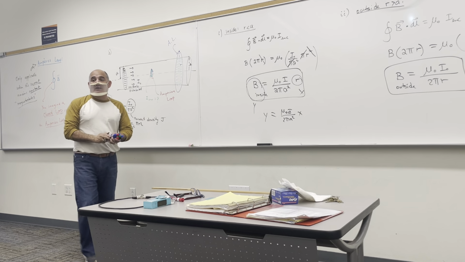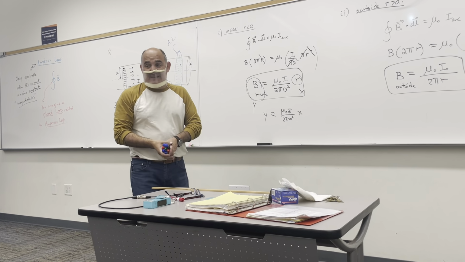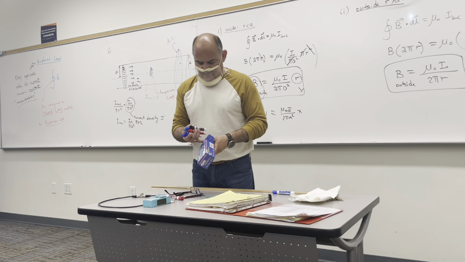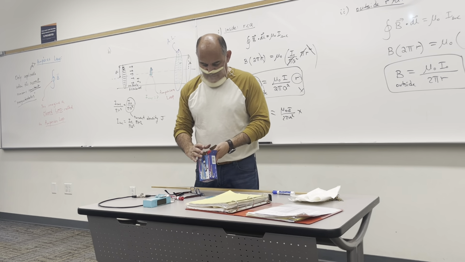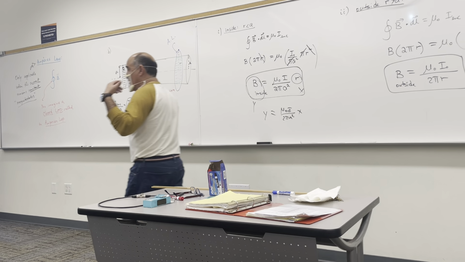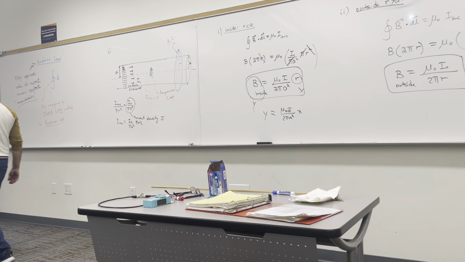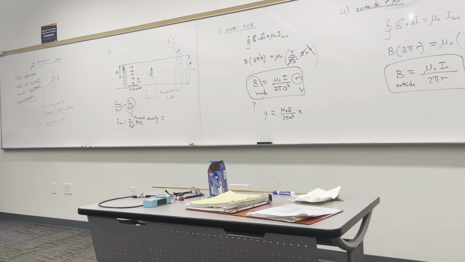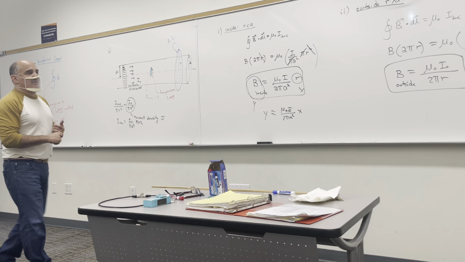So I will do other geometries next time. We're definitely going to finish this on Wednesday, for sure. So I'm just going to go over the remaining examples: the coaxial cable, which is relatively simple.